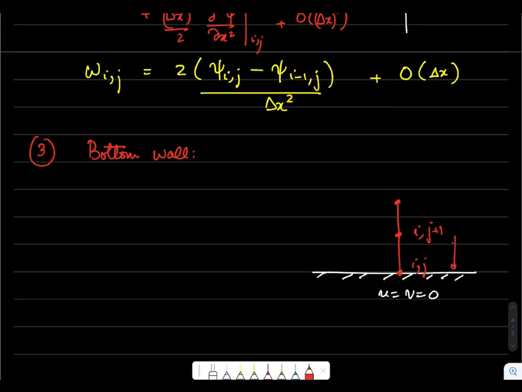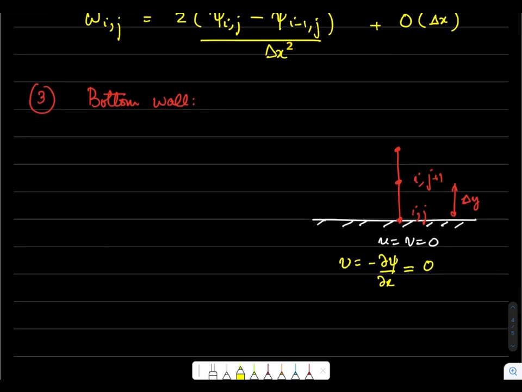The grid spacing is delta y, and delta x and delta y need not be equal, so I'll write it in a general form. u and v being 0 would mean that, since u is d psi dy and v is minus d psi dx, and v is 0 throughout, that means psi is also a constant. The fact that I've already explained in the earlier part.